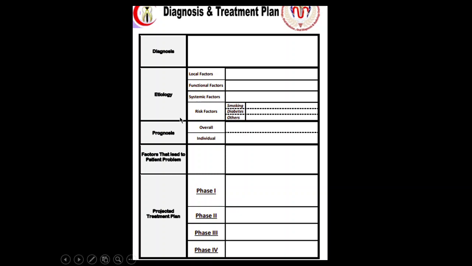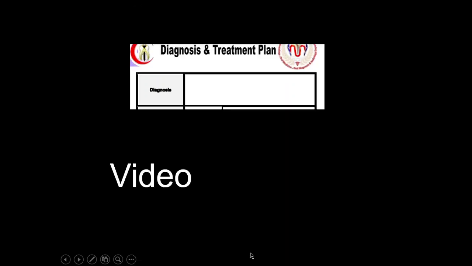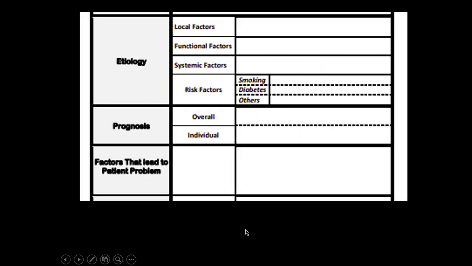Phase 2 is periodontal surgery. After we finish phase 1 and re-evaluate the patient, we will do periodontal surgery at phase 2. Phase 3, we will perform here a crown or bridge preparation, insertion of the abutment placement. Phase 4, maintenance phase, every 3 months in case of periodontitis and every 6 months in case of gingivitis.